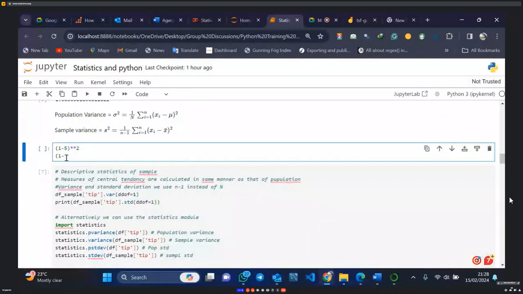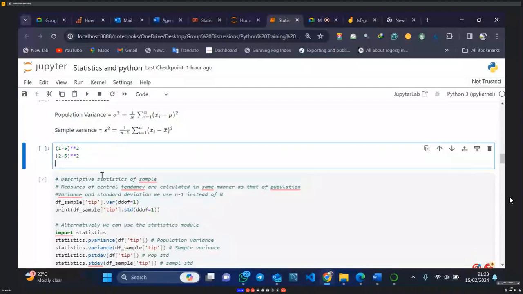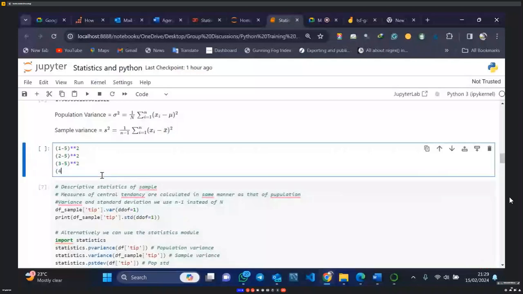Then 2 minus the mean, squared, plus another one: 3 minus the mean, squared, and 4 minus the mean.